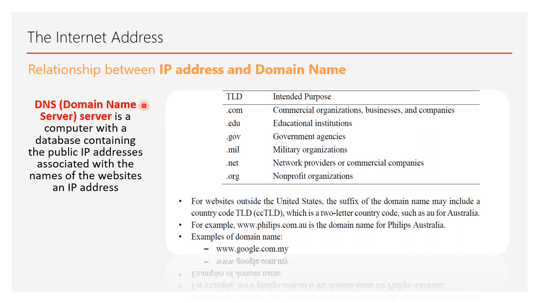Now, what is the domain name system? We want to talk about what devices or applications are responsible for storing all the IP addresses and their corresponding domain names. This is the responsibility of the domain name server, also known as the DNS server.